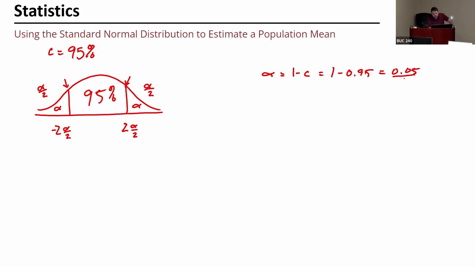So I divide that by 2. And I get 0.025. Are you noticing any numbers now? You can probably start seeing, if you look at your 95% confidence level on that little part of your table.